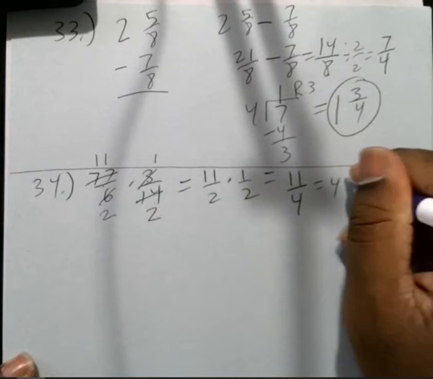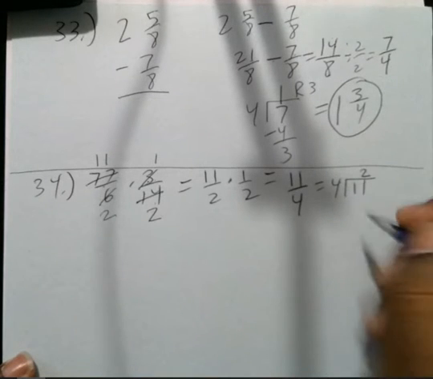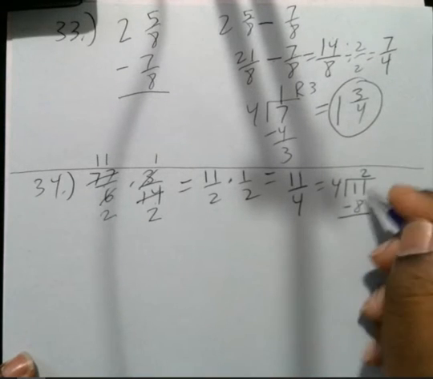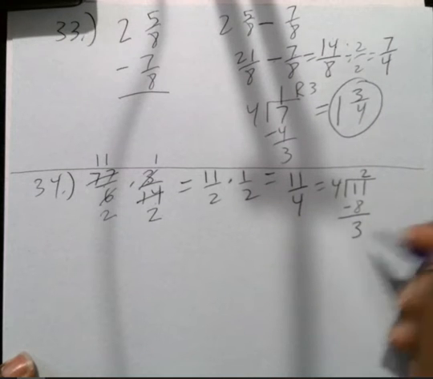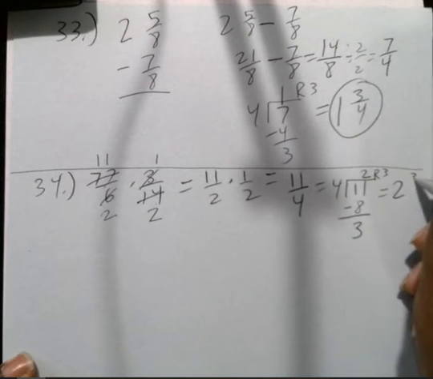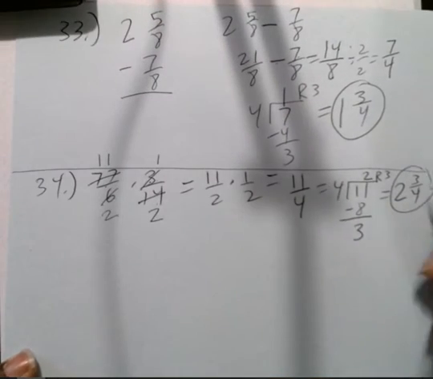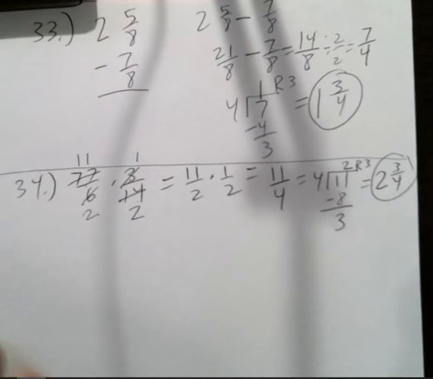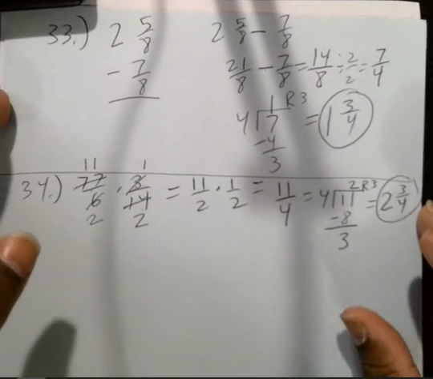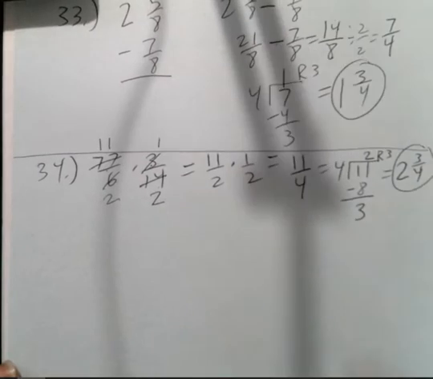So we would take 4 into 11. 4 goes into 11 twice. So 11 minus 8 is 3. So we have a remainder of 3. So our final answer is 2 3/4. Okay, next we go to problem 35.